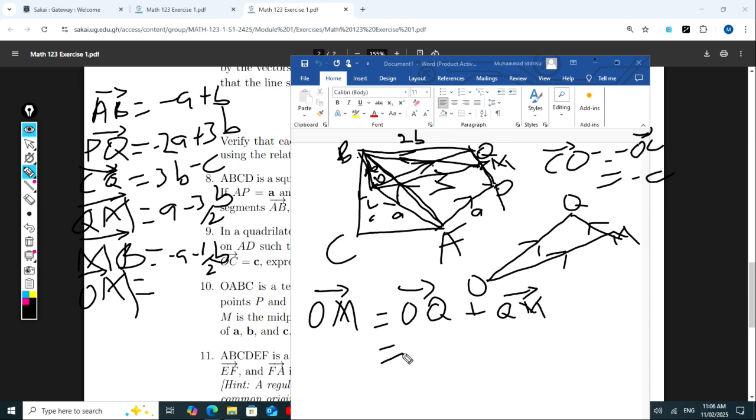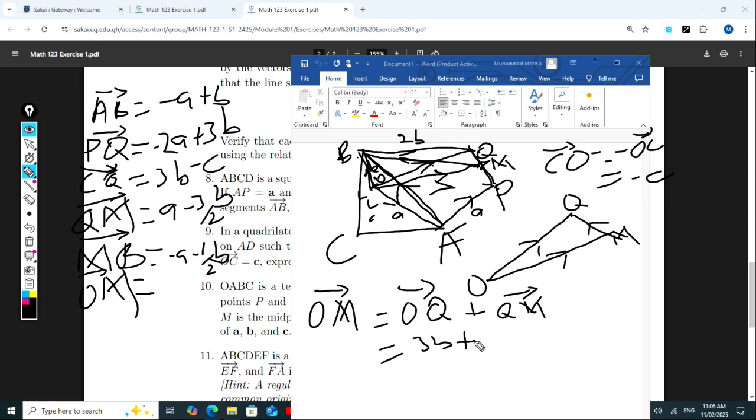OQ, we find OQ to be what? 3b. OQ is OB plus BQ. So OB is b, BQ is 2b. So OQ is what? 3b. Plus QM.